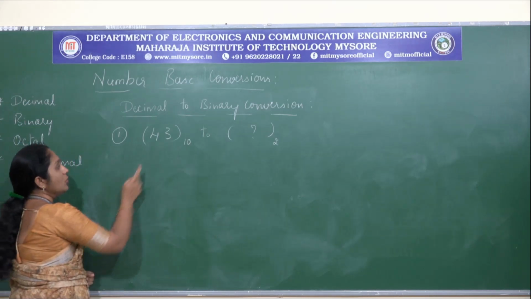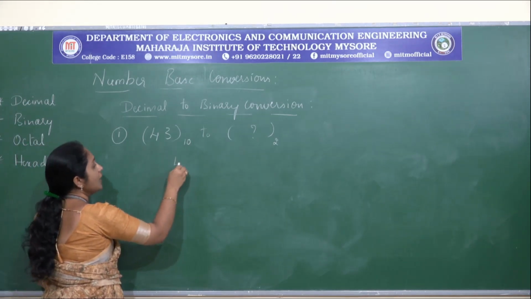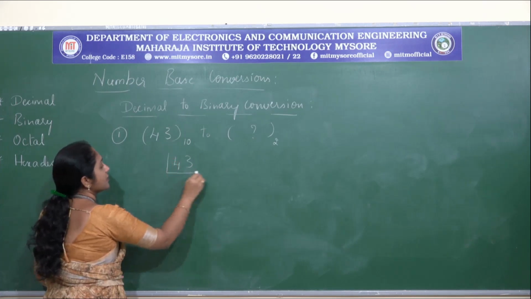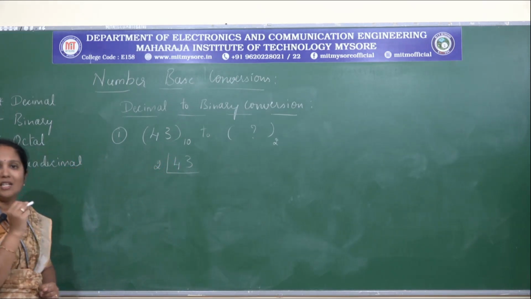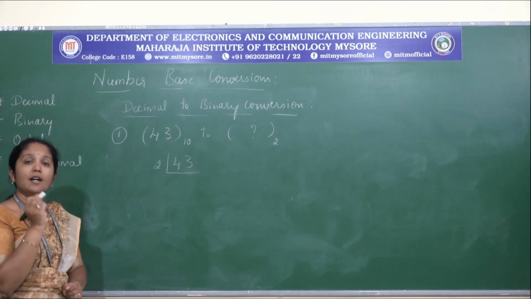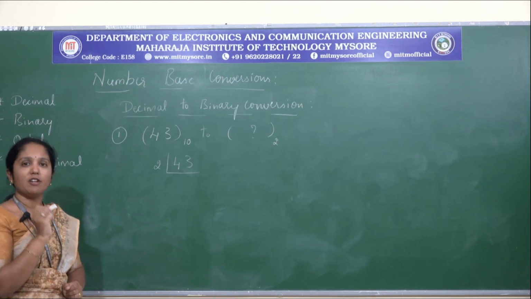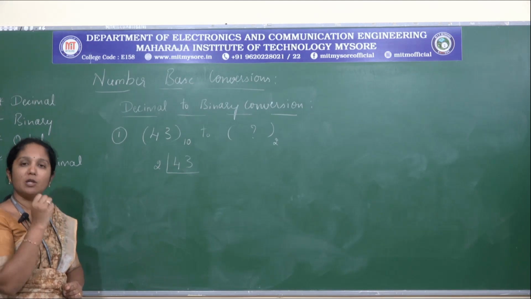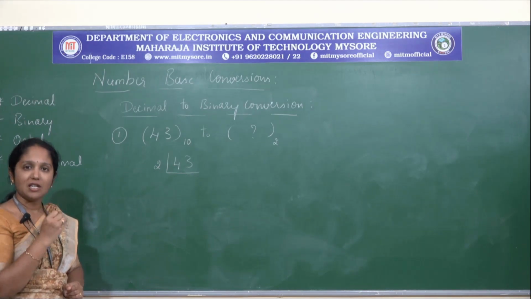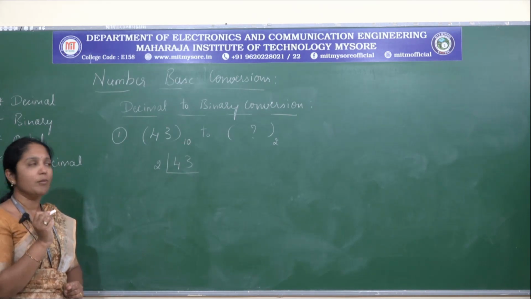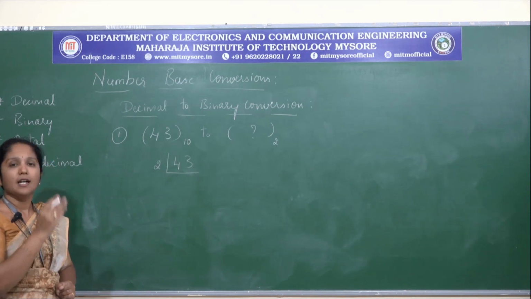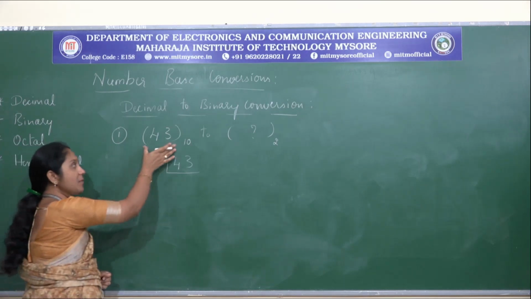So how to convert? We need to divide the given number successively by 2 and maintain a record of the remainder. That is very important. We need to note down the remainder in each and every step. Then we read from bottom to top, which gives us the equivalent number.